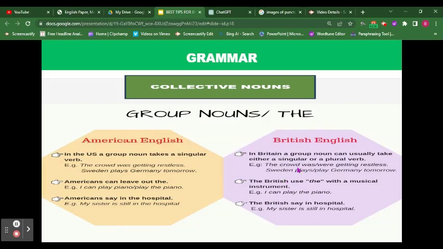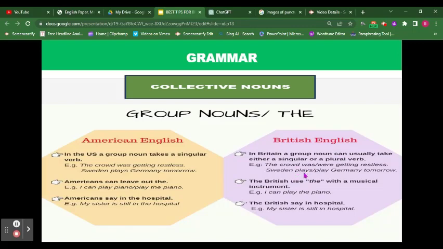When you say the crowd was restless, you are looking at the crowd as a group, as a single unit. But if you are referring to the actions taken by individual members of that group, then you use the plural: the crowd were getting restless. You are now looking at the individual members of that group and their individual actions. But if you are just looking at the group as a single unit, then you can use the singular verb.